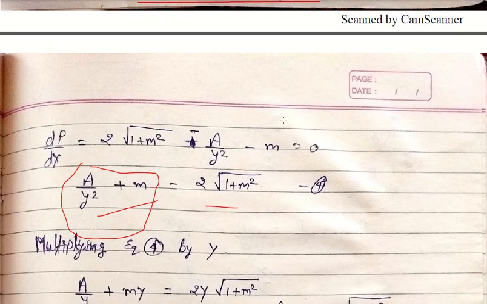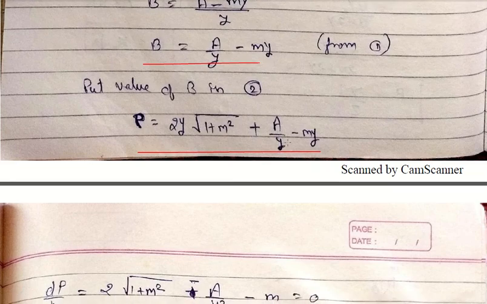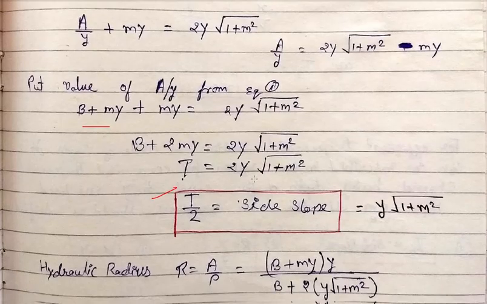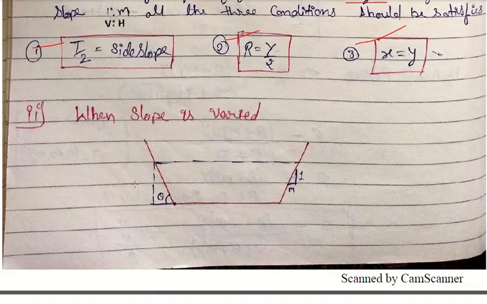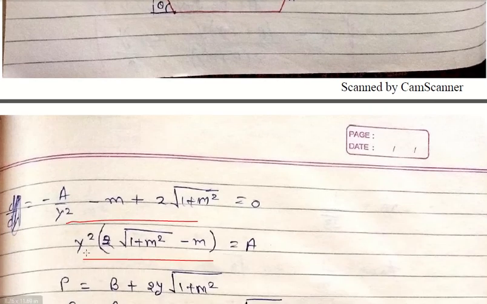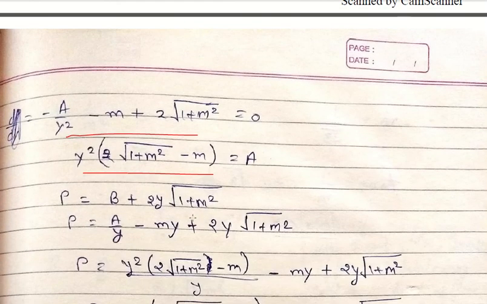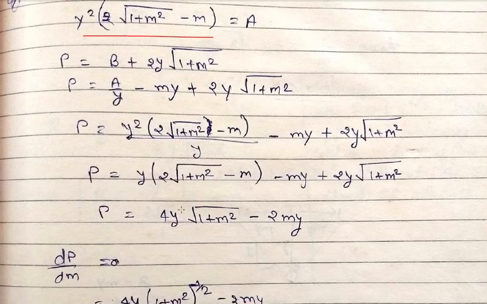So it will give a value, area. So we put area here. So here is the area. So b plus 2y root of 1 plus m square. Here b equals a by y minus m y, a value here, so it will give 4y root of 1 plus m square minus 2my.